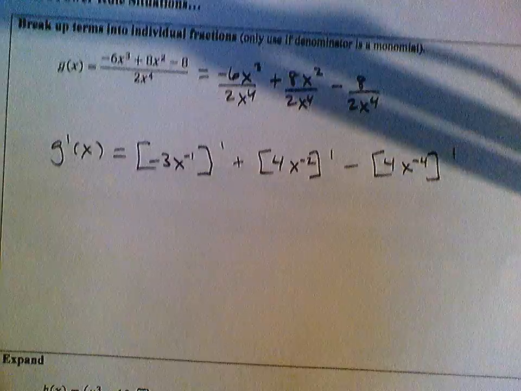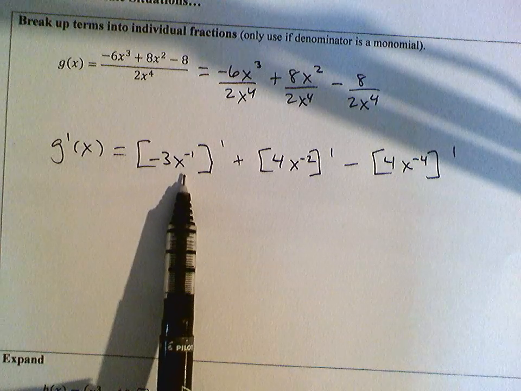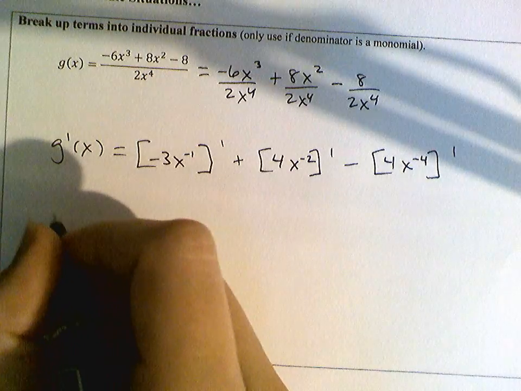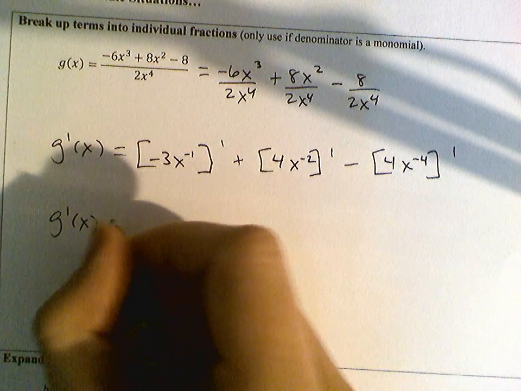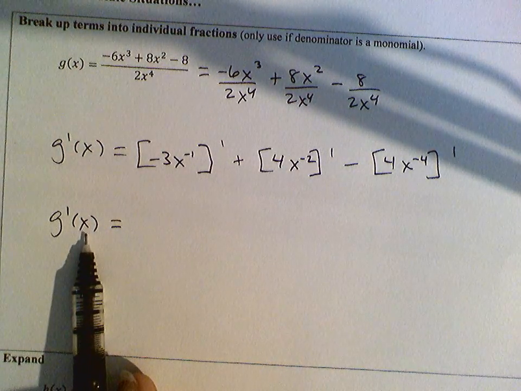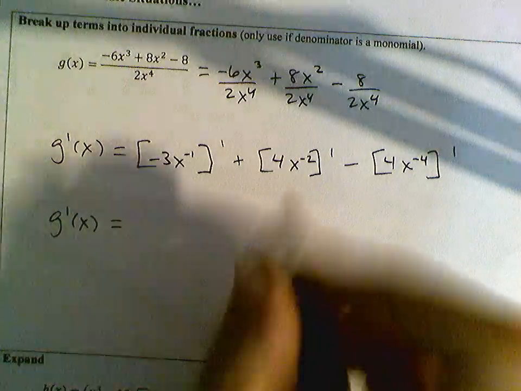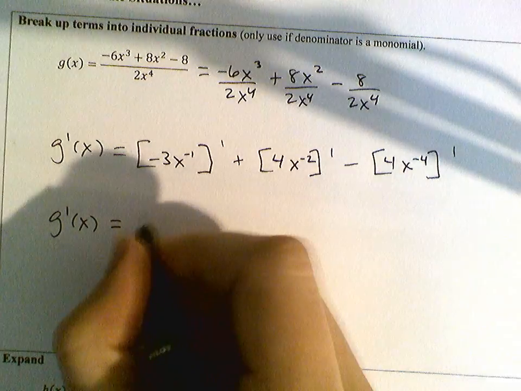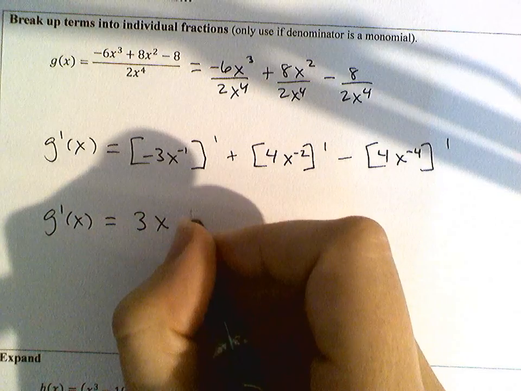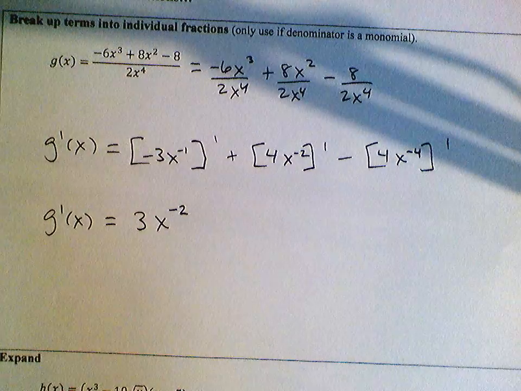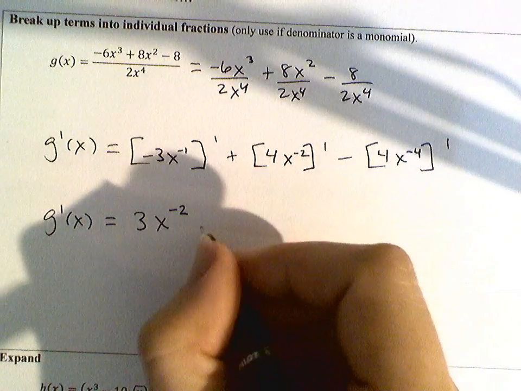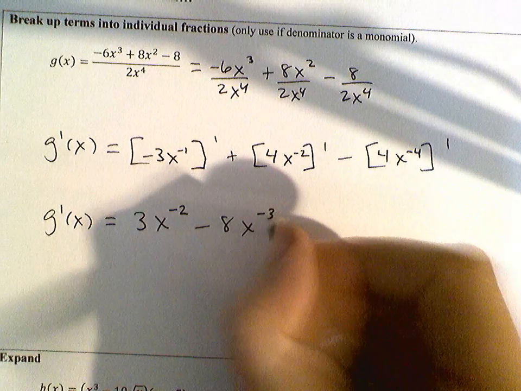Okay, and now I'm going to take the derivative. This bracket prime notation just means to take the derivative of whatever's inside of the brackets. So I'm about to have our final answer here. So g prime of x, the derivative of the function g at any input x, that's what this stands for, equals, I'm using the power rule, so I multiply negative 3 by negative 1, and I get positive 3, x to the, I subtract 1 from the former exponent, so negative 2, plus 4 times negative 2 is negative 8, so that'll be minus 8x to the negative 3.